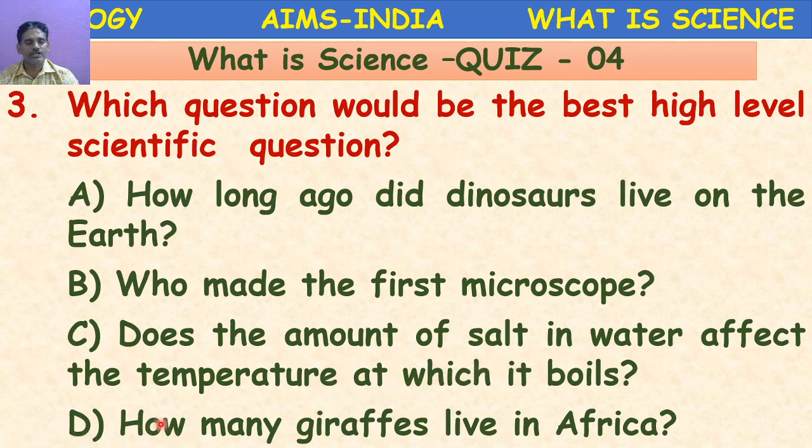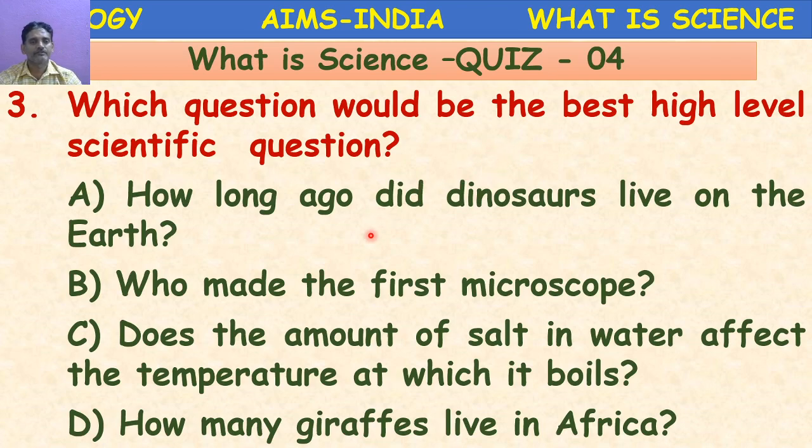And the next question, how many giraffes live in Africa? Out of these four, three are somewhat similar, but one question is the best question. Which is that best question?